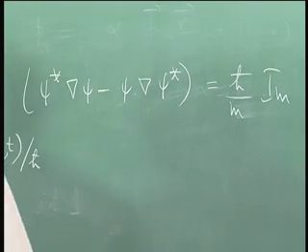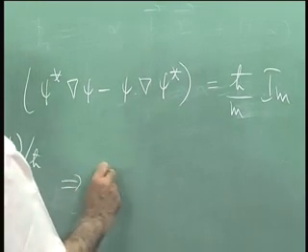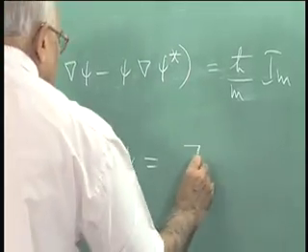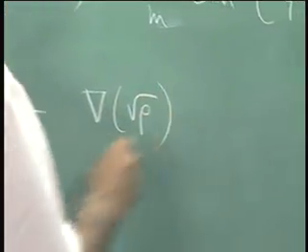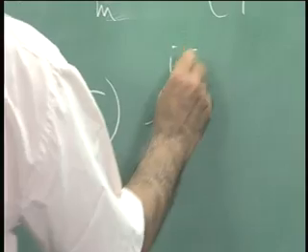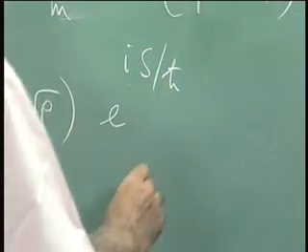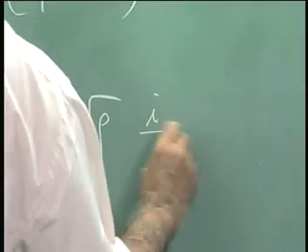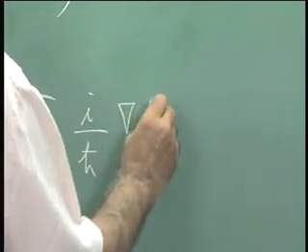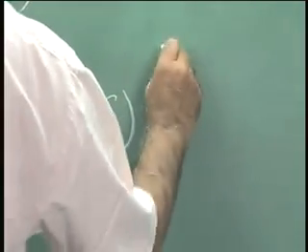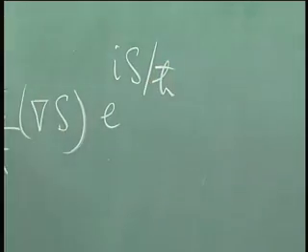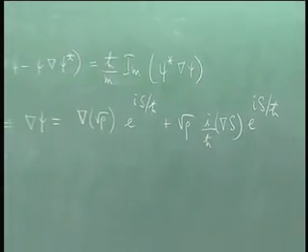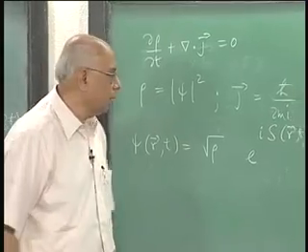We compute this, so this implies that grad psi equals the gradient of root rho times e to the power i S over h cross, plus square root of rho times i over h cross gradient of S times e to the i S over h cross. I just differentiate this, take its gradient on both sides.